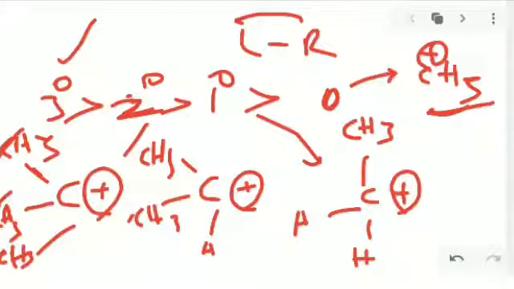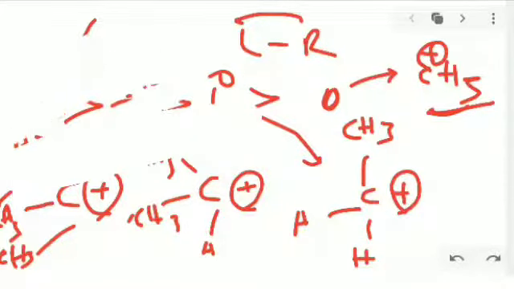For example, in a primary carbocation, a methyl shift or hydride shift produces a tertiary, more stable carbocation.